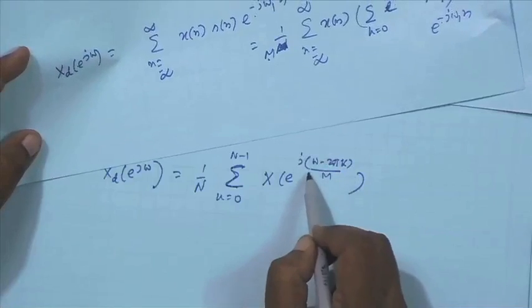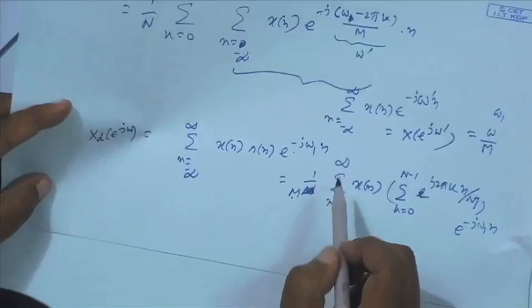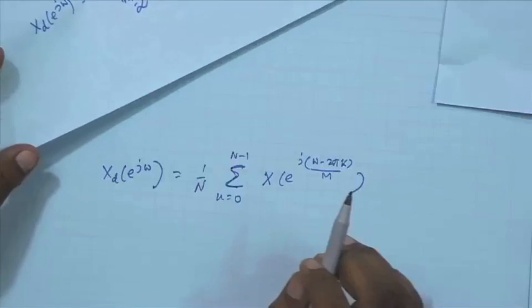Instead of writing omega prime, I am writing this full form. Okay. So, this is the DTFT.